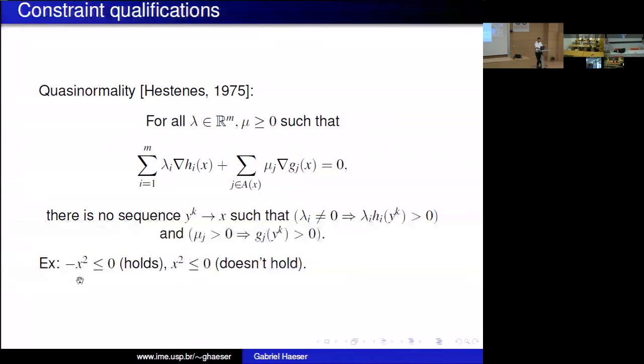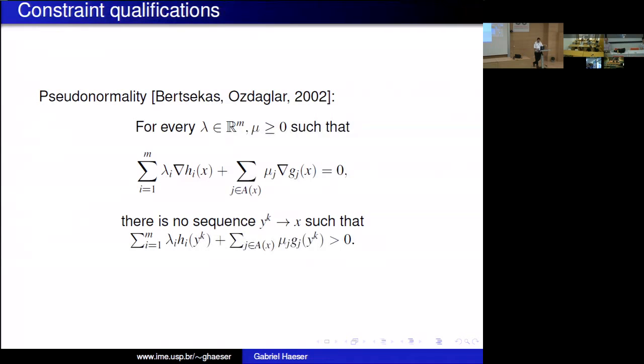Minus x squared is always less than or equal to 0, no matter which x. So you won't be able to find a sequence fulfilling this condition. So in this case, quasi-normality holds, but the rank is not the same. This is independent of our work. This is not weaker nor stronger than our conditions. And in this case, you can prove that it does not hold.